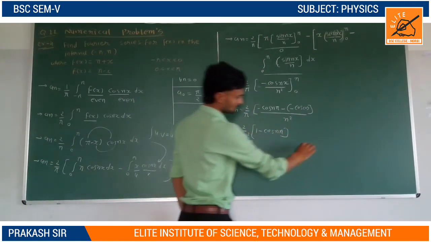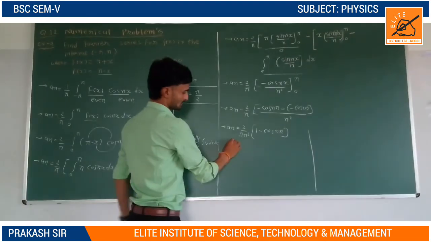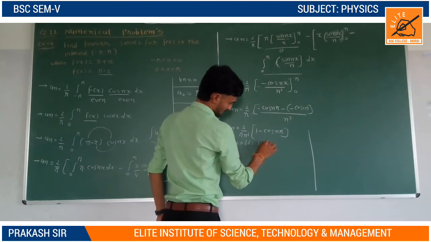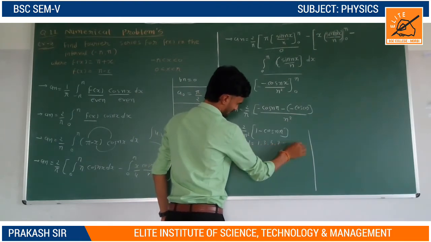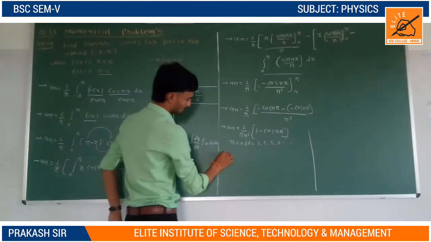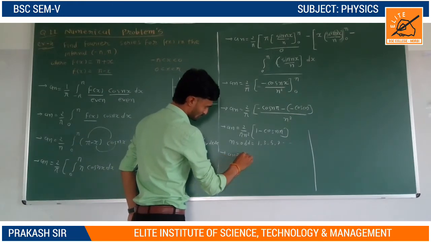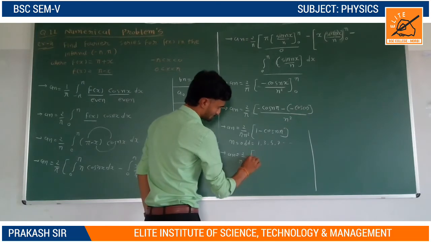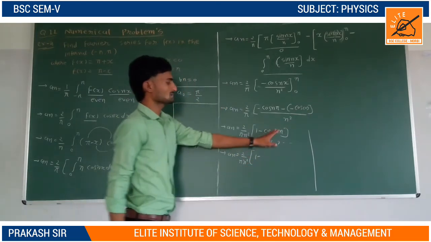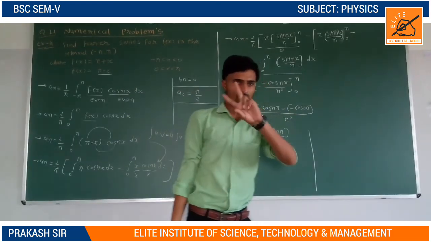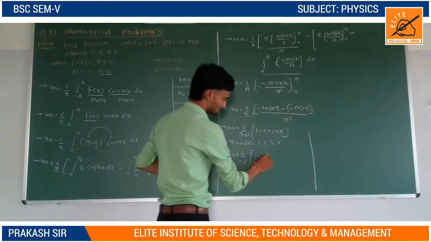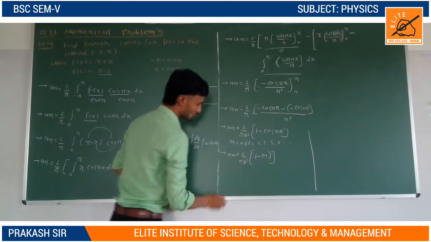Now n is the order: 1, 3, 5, 7. So n is odd. Put n replaced to odd: 2 upon pi n square, 1 minus cos 1 pi. Cos 1 pi is minus 1, so minus plus 1, which is 2.